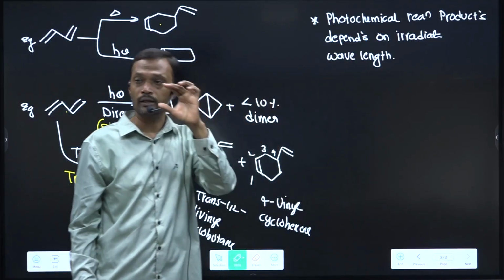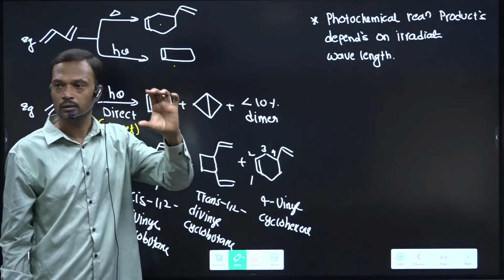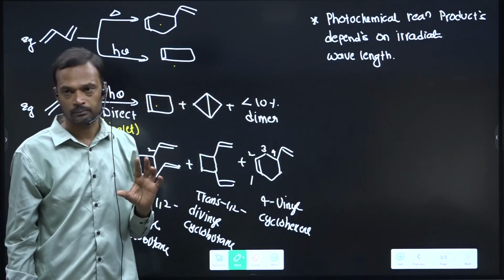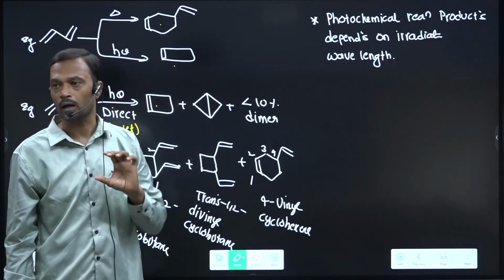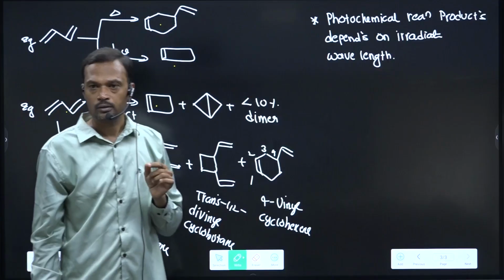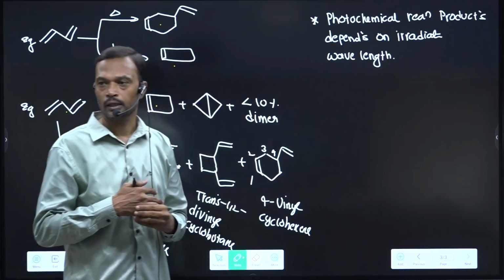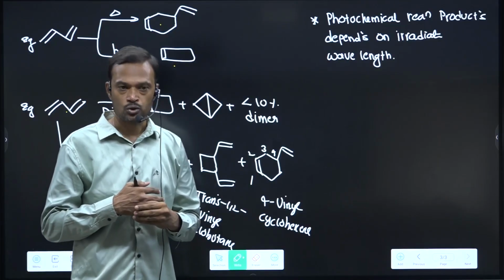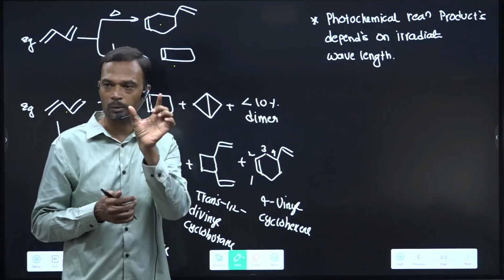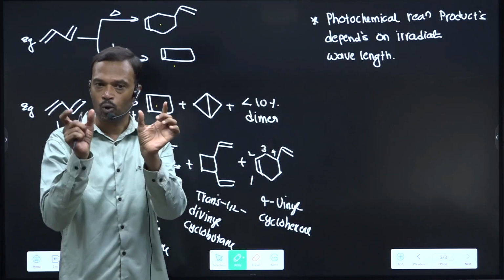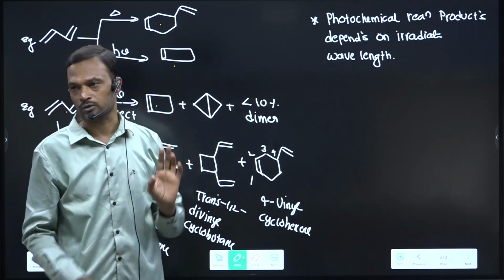Before irradiating any wavelength on a molecule, first you record the spectrum of that particular molecule in UV visible. Then you will get some transitions at one particular lambda. Suppose you take a carbonyl compound, two transitions are possible: n to pi star, pi to pi star. So whichever molecule, if the transition is possible at one particular wavelength, only that wavelength you need to irradiate. Then you will get different products.